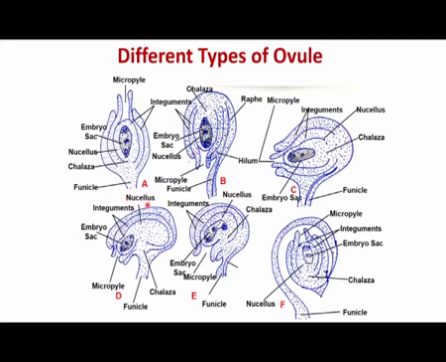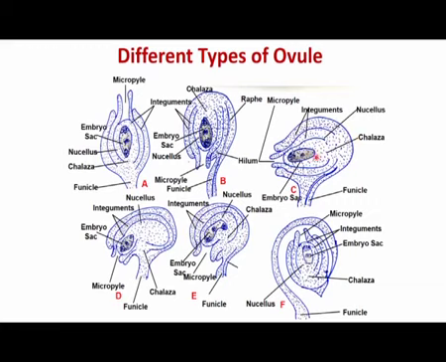The longitudinal axis of the nucellus is parallel to the funicular axis. The example of the anatropous ovule is Helianthus, whereas in the case of the orthotropous ovule the example is Polygonum.